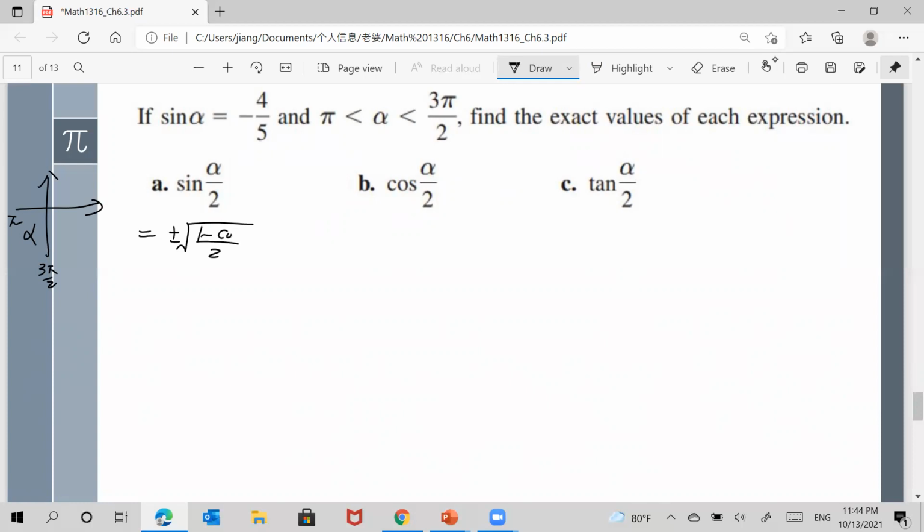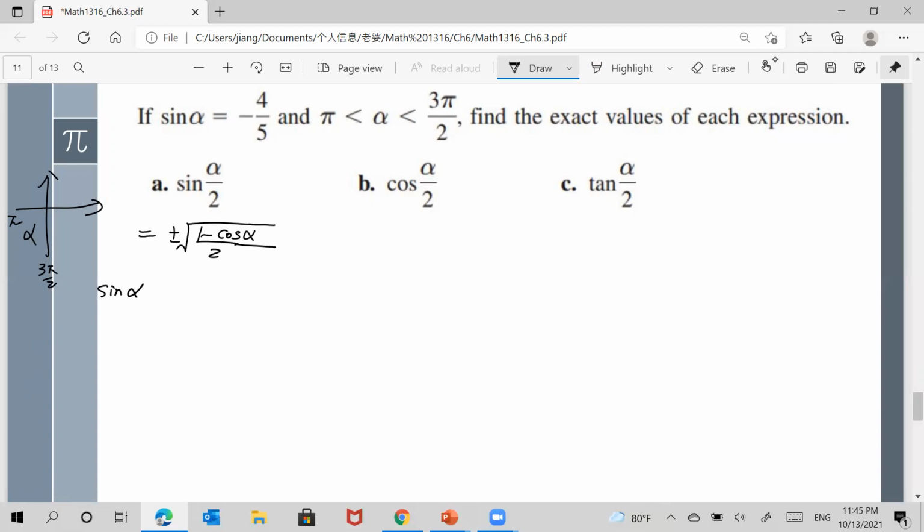1 minus cosine 2 times alpha over 2 is cosine alpha. So we only know the sine alpha, we don't know cosine, but we have learned that. So let me leave a space here. So just to say, how to find cosine alpha?